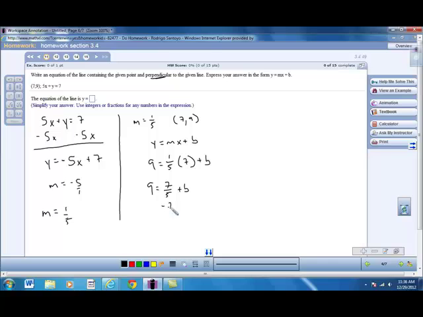Once again, we subtract 7/5 from both sides. Once again, you go back to your calculator to find that difference. Looks like it is 38 over 5.